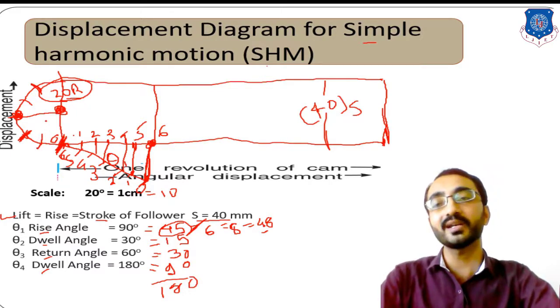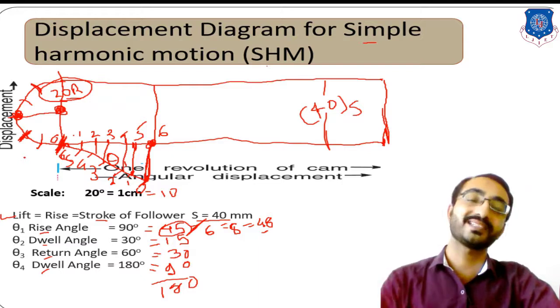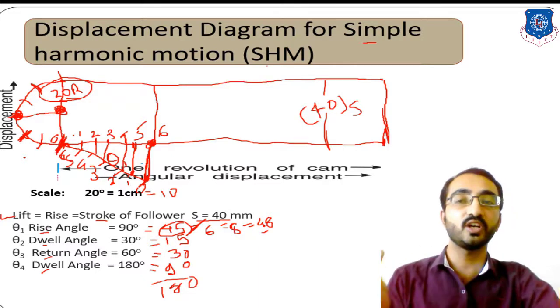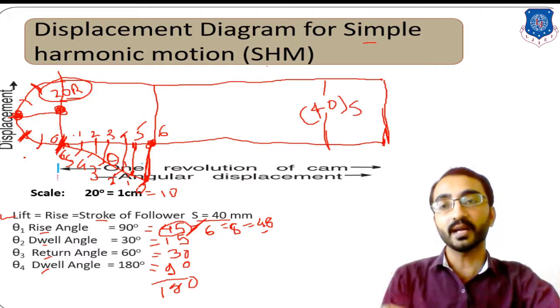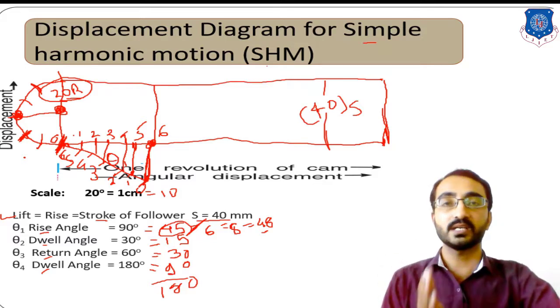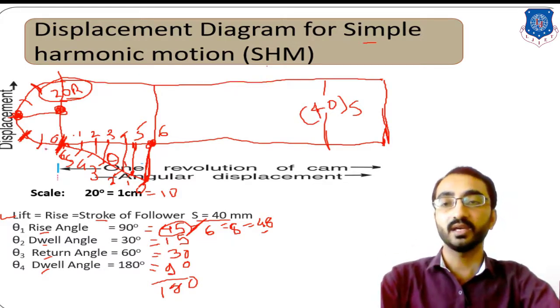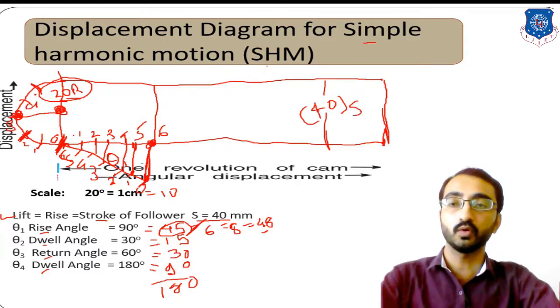In this way you can divide the semicircle into 6 equal intervals. You can follow any procedure that you are aware of to divide the semicircle into 6 equal intervals, and give notations to these intervals as 1, 2, 3, 4, 5 and 6.